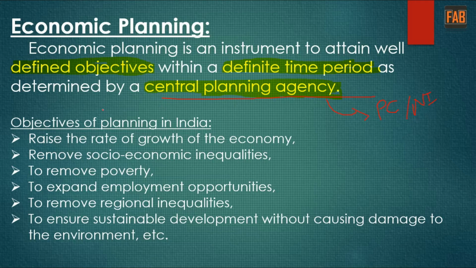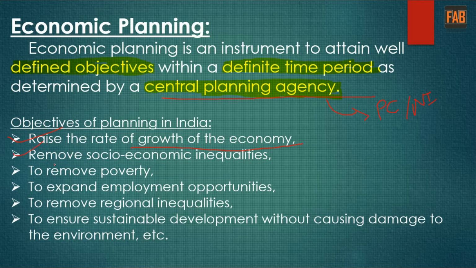Now, as we have read that there are certain well-defined objectives, let's see some of the objectives of planning in India. The first one is to raise the rate of growth of the economy. This is a common objective in every economic planning of every country.